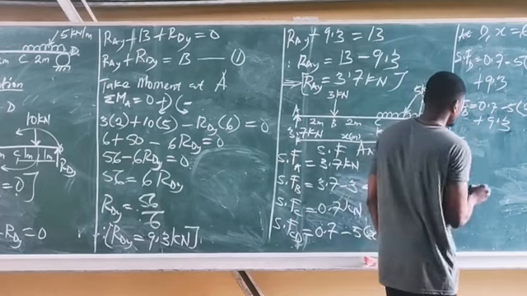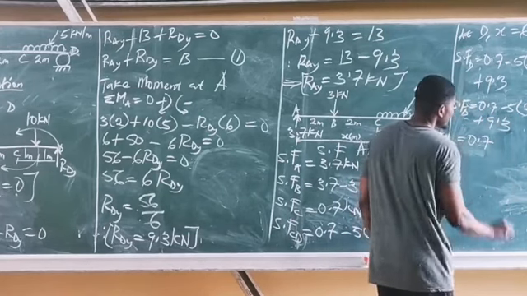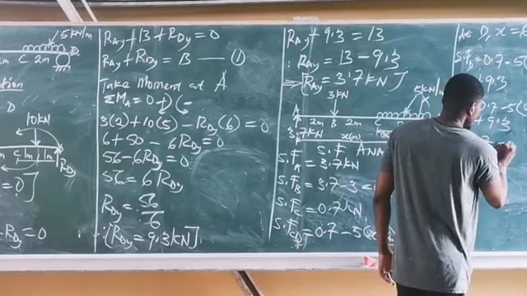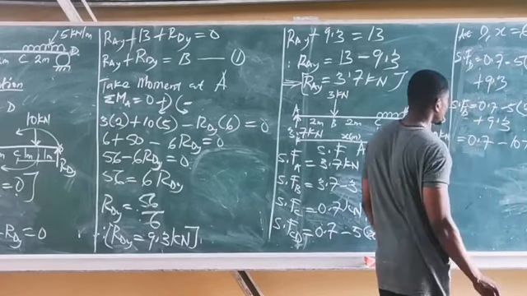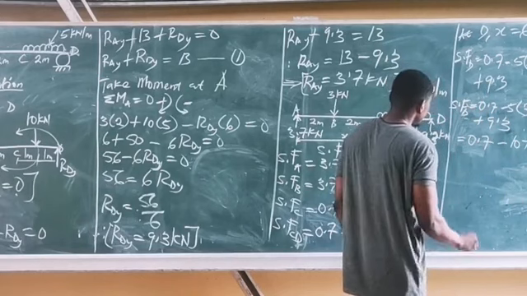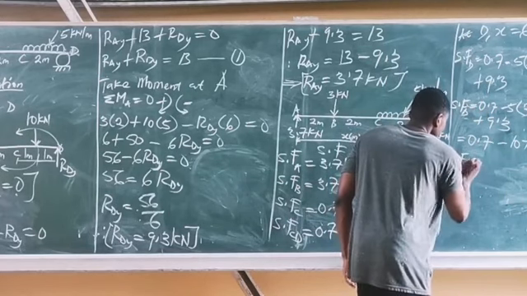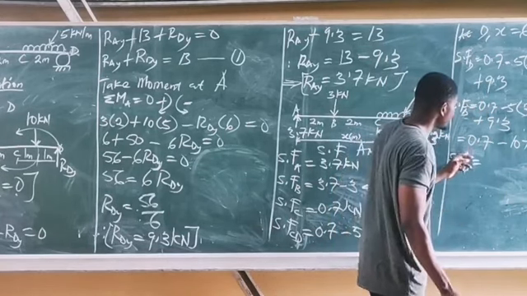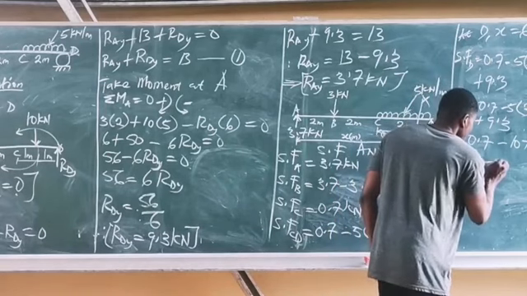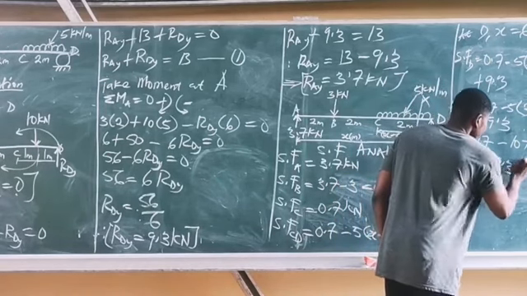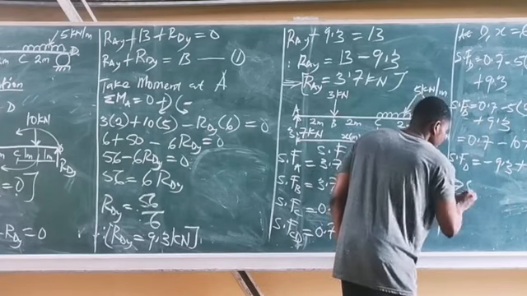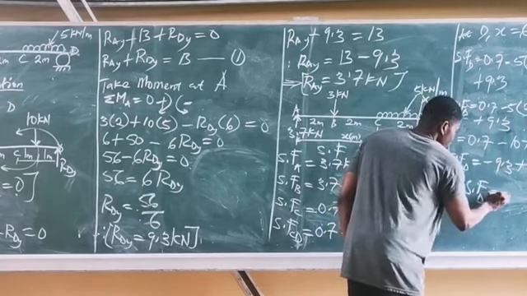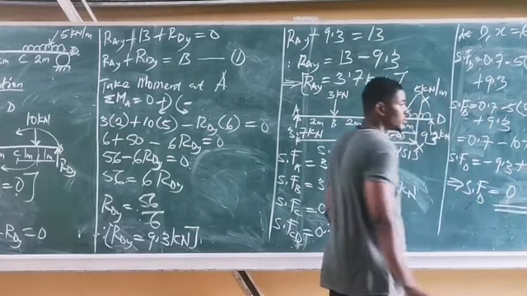This is equal to 0.7, 5 times 2 is minus 10, plus 9.3. So shear force D is equal to 0.7 minus 10, which is actually minus 9.3, plus 9.3. Which implies that the shear force at point D is equal to 0.